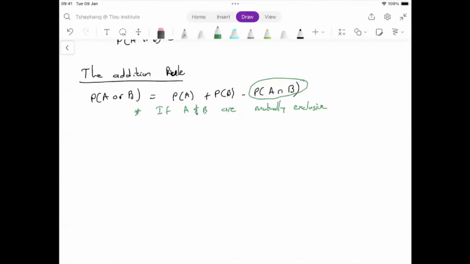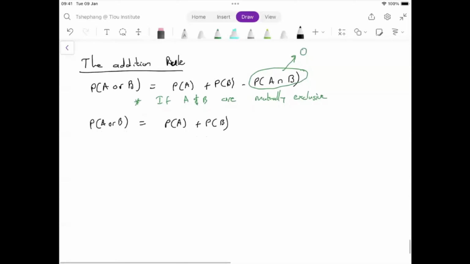Thank you so much for the answers that are coming in the chat. See, you guys are with me. We can then say that this gives us 0. This means that our equation, P of A or B, is simply going to be what? The probability of A plus the probability of B. And that's how it works. I'm hoping you guys can see the light now. Great stuff. I'm getting a thumbs up. Cool.